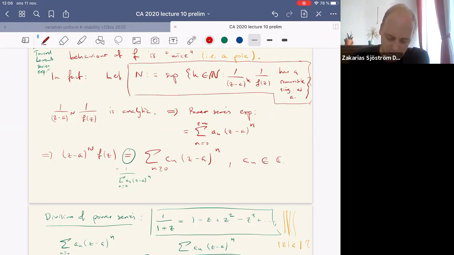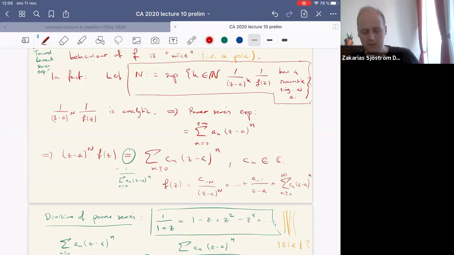But this means that f(z) is of the form the sum of c_{-n} over (z minus a)^n.